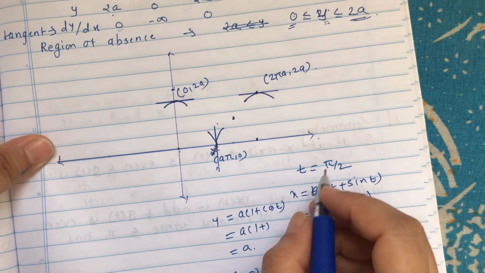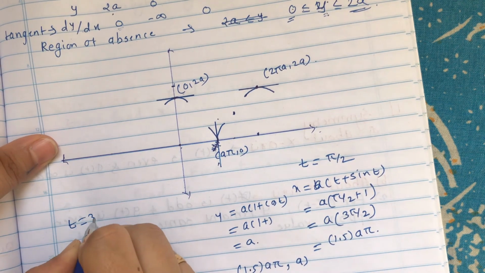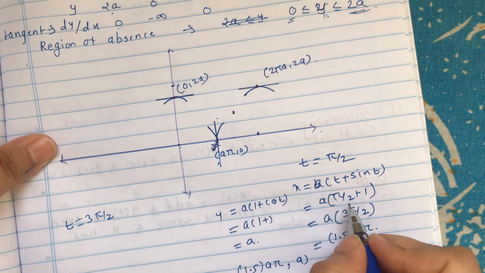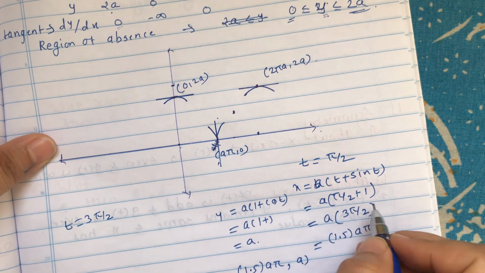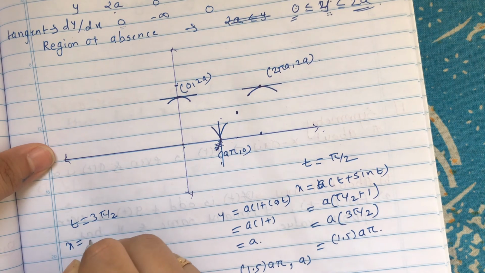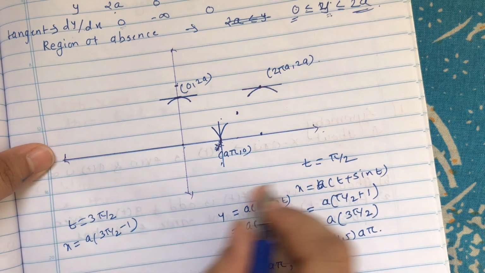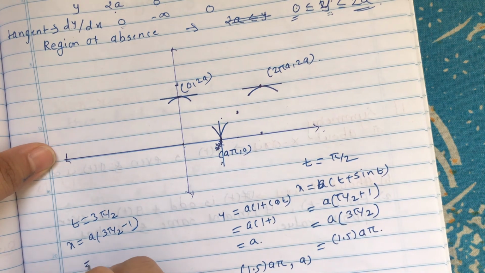Similarly, if t is equal to 3 pi by 2, same relation will be here, okay? So we will get x is equal to a in bracket 3 pi by 2, and this will be minus 1. Sin 3 pi by 2 is minus 1, so what we will get?